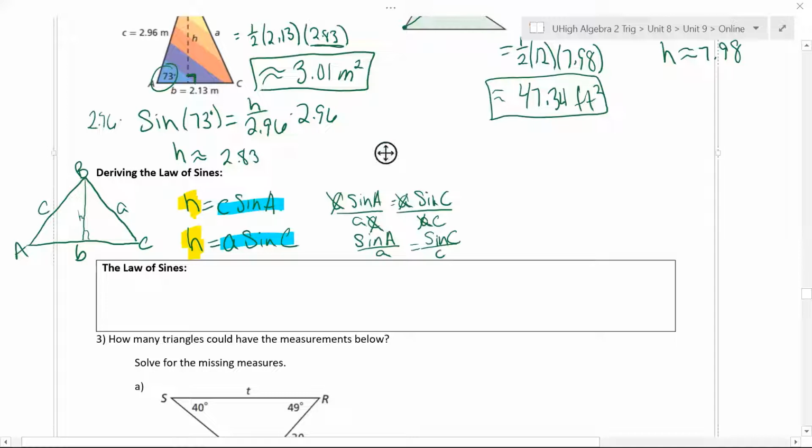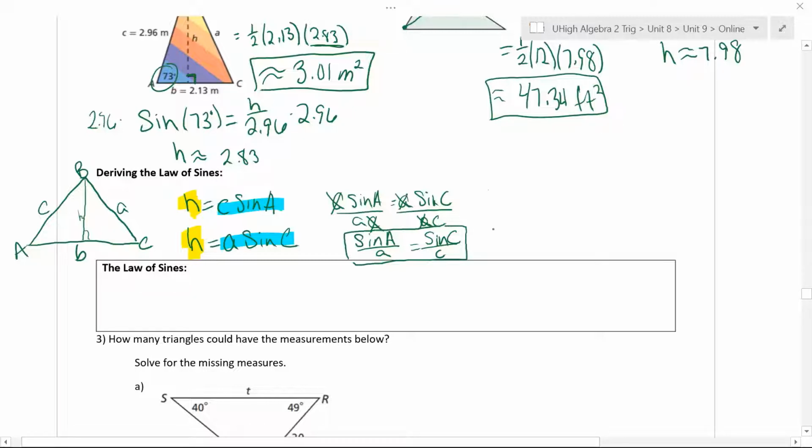That leaves me with a really nice ratio, so that the sine of my angle over its side length is equal to the sine of another angle over its side length in the same triangle. This is really nice for solving because now I can work with ratios instead of having to start from scratch every single time.